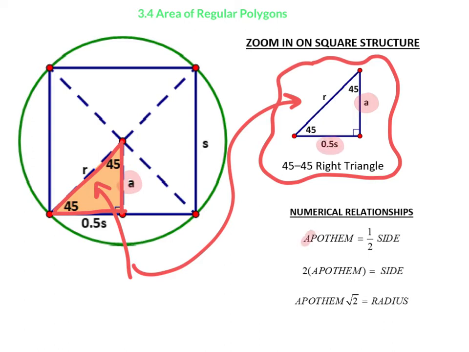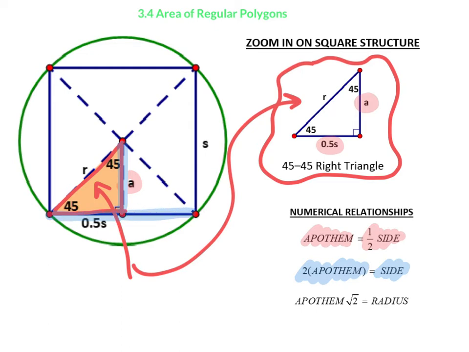So the apothem will always equal exactly half of the side, and vice versa. Or 2 apothems will always equal a side. If you double this, you would get an entire side.